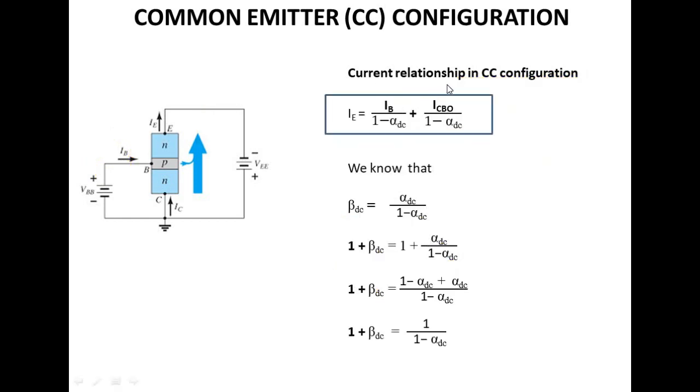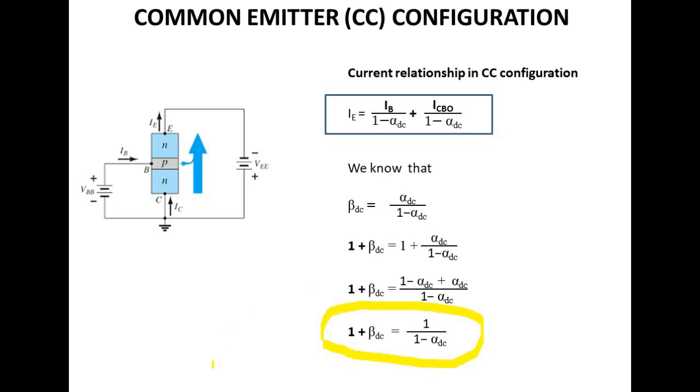So we have got the current relationship in common collector configuration as IE is equal to IB upon 1 minus alpha DC plus ICBO upon 1 minus alpha DC. Now we have already derived the relationship that beta DC is equal to alpha DC upon 1 minus alpha DC, and we know that 1 plus beta DC is equal to 1 over 1 minus alpha DC.